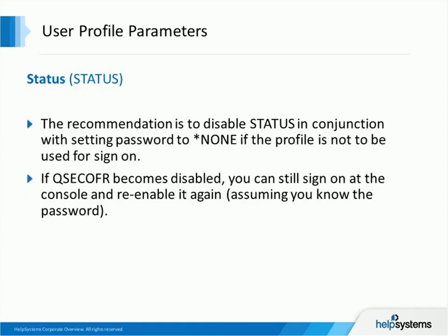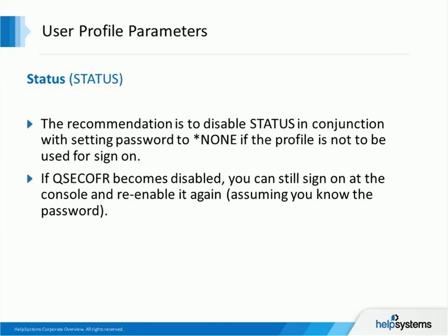My recommendation is to disable any profile that has a password of *NONE, assuming that that profile is not used for sign-on. Now, I don't recommend disabling IBM profiles, so just let me reiterate.